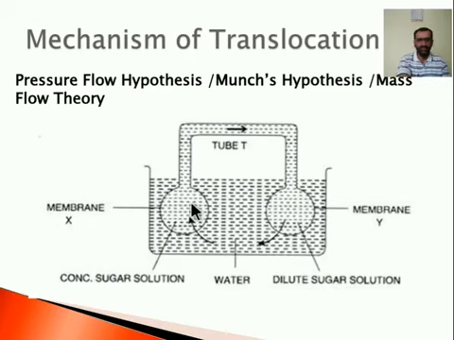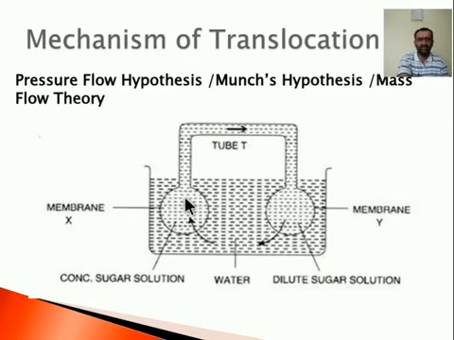Okay. Further, the sieve tube as well as the mesophyll cell remain interconnected by small pores. For example, this is the mesophyll cell, and these are the sieve tubes. The sieve tubes and the mesophyll cell remain interconnected by small pores called plasmodesmata and form a continuous system, the symplast.